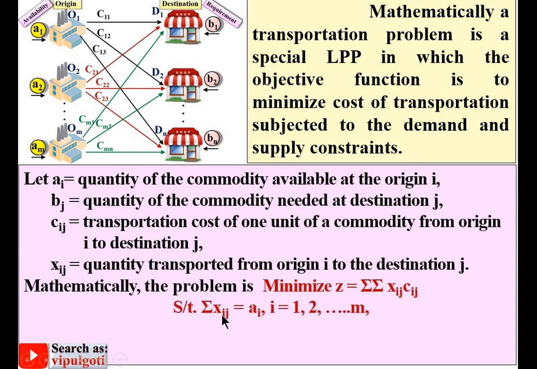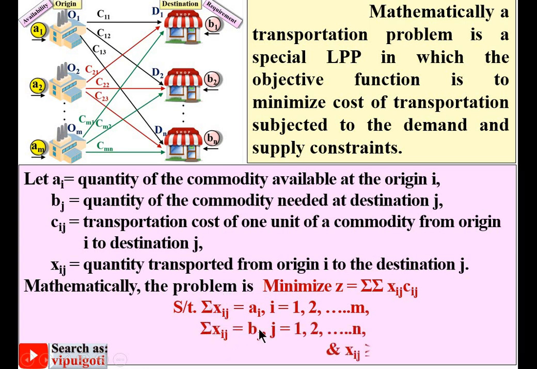Subject to the constraint sigma Xij is equal to Ai, where i is 1 up to m. Here Ai is actually the availability of the origin. From this figure you can say Ai is A1 plus A2 up to Am, and that should be equal to sigma Xij.